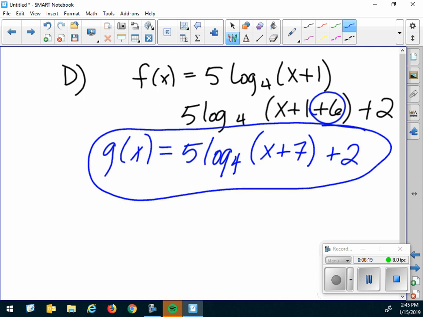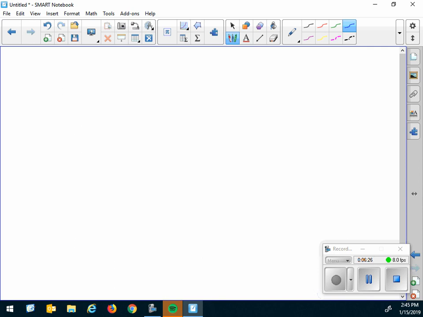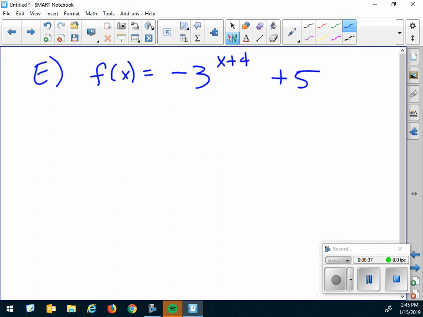One more. We're 80% done. How are we on time? Yeah, 3 minutes. All right, E. We want to take that, vertically stretch it by 3, and reflect it over the x-axis. I'm going to have to get rid of that negative. Why?